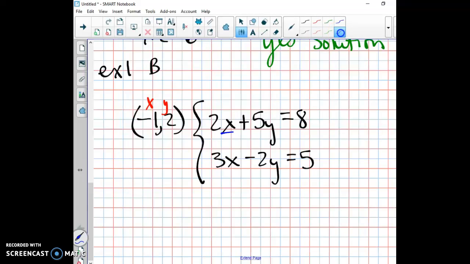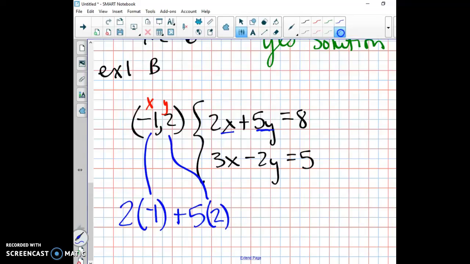Instead of x right here, we're going to replace that with -1, and instead of y right here, we're going to replace that with 2, and we see that's 5 times y, so it's 5 times 2. We check that: -5 plus 10, yep, that's 5... well, it worked again.